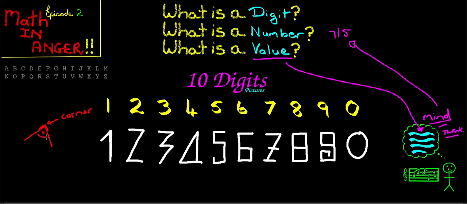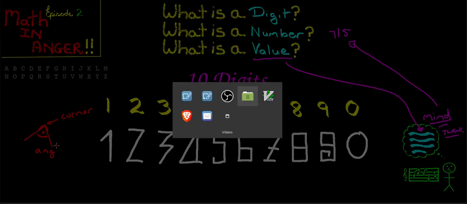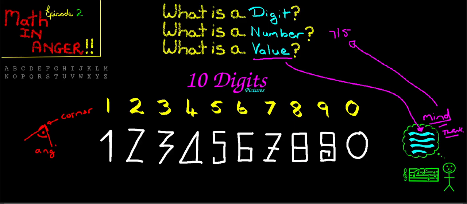And we call this space here an angle. This space here is called an angle.